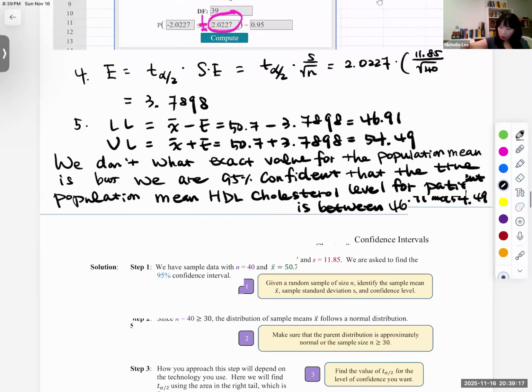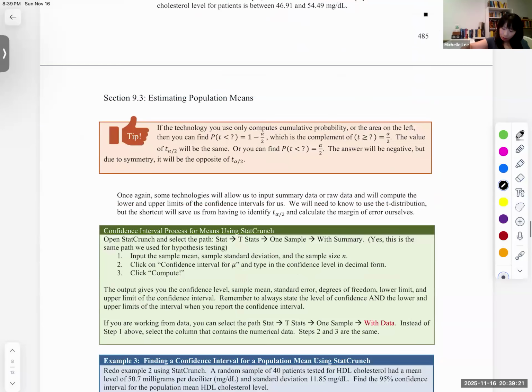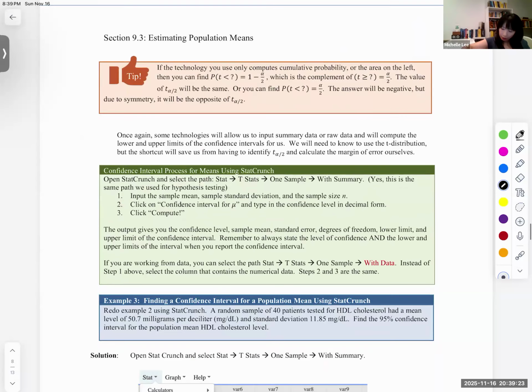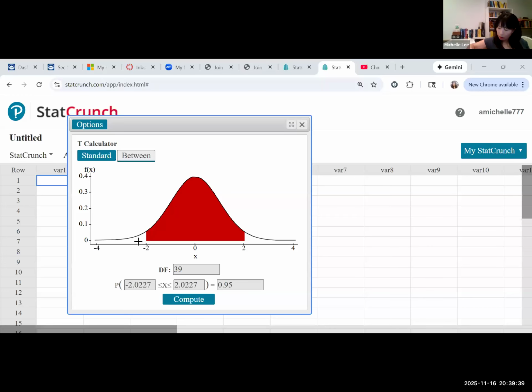All right, so let us do it in StatCrunch. Here is how to do it. Let me share my screen.